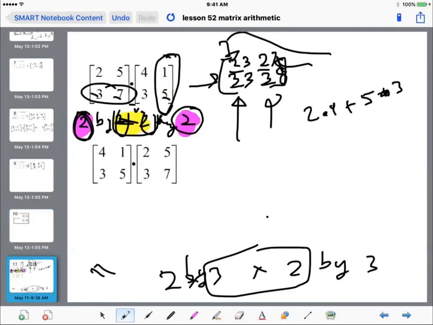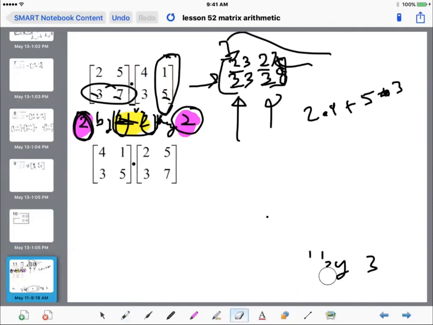Okay, would you take a minute now to go ahead and reverse the order of these two matrices and just see if you're able to get the 4 numbers in the product when I switch the order around.